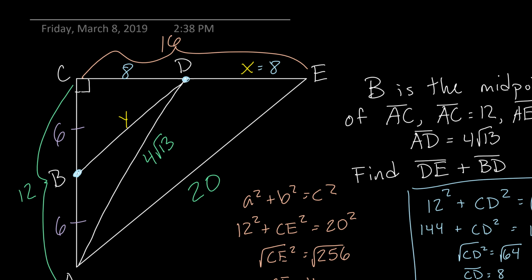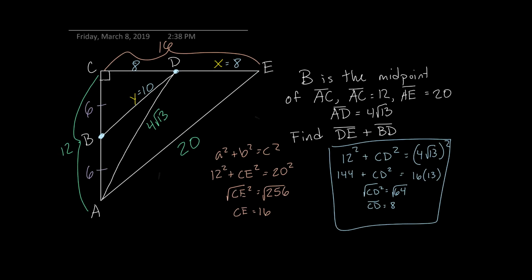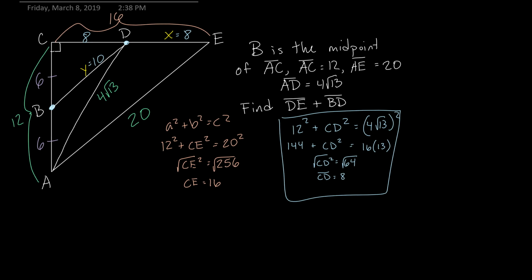From midpoint to midpoint. It's the mid segment. And the mid segment is always what of the base? Half. So if this is 20, what's y? So what is DE plus BD?